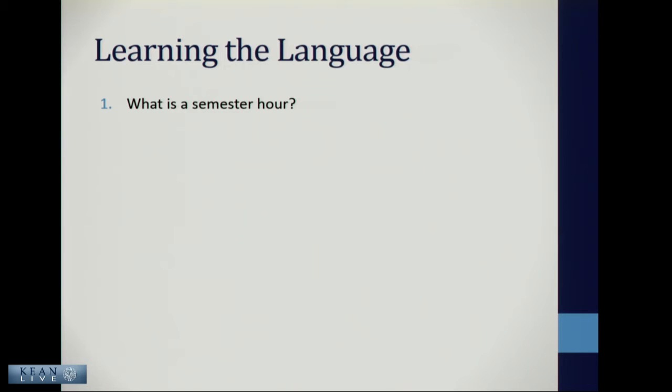When it says 3 SH, it's 3 credits. Credit, right. A semester hour is... Another one? Jim? It's not an hour, is it? It refers to the amount of contact time that a student has, or that you as faculty put in teaching, okay? But it has to be defined.